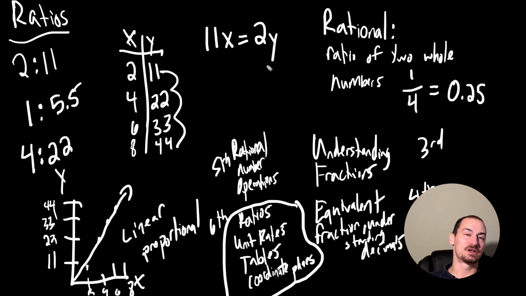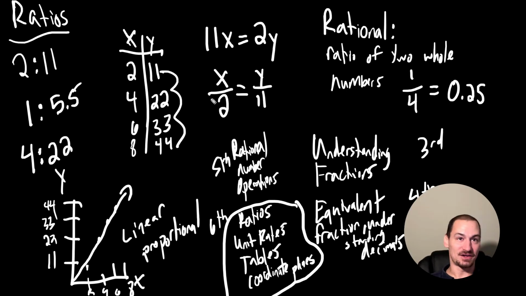And if you wanted to write this like a proportion, you would make this x over 2 equals y over 11. So that looks more like a proportional relationship. But then using algebra rules, you could multiply this 11 over there, so you could turn this into y equals 11 over 2 x, which starts to look more like a function.